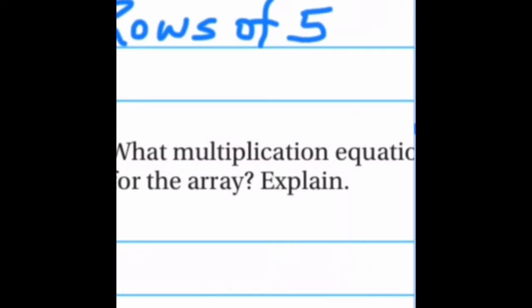So, to explain that, I made rows of 5. I probably should have written rows made in front of rows of 5. Rows of 5 and stopped at 30 tiles. Period.